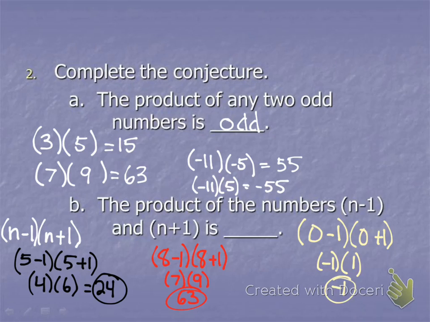Let's draw a little diagram. So when I made n 5, what was my answer? 24. When I made n 8, what was my answer? 63. When I made n 0, what was my answer? Negative 1. So 5 gives me 24, 8 gives me 63, 0 gives me negative 1.